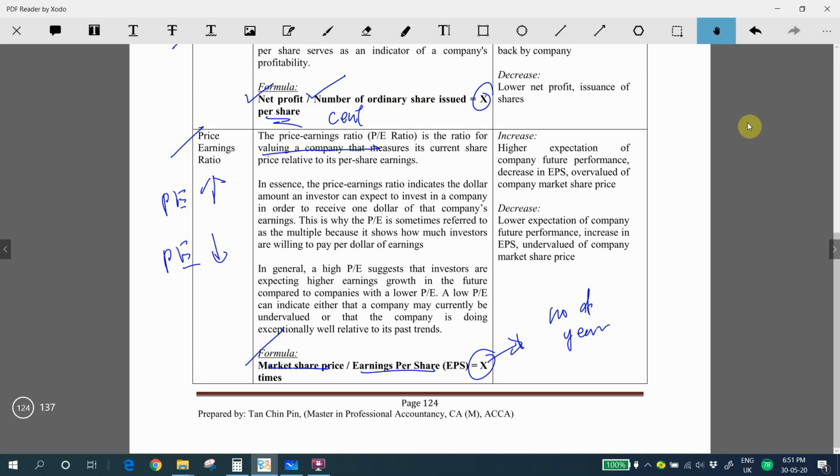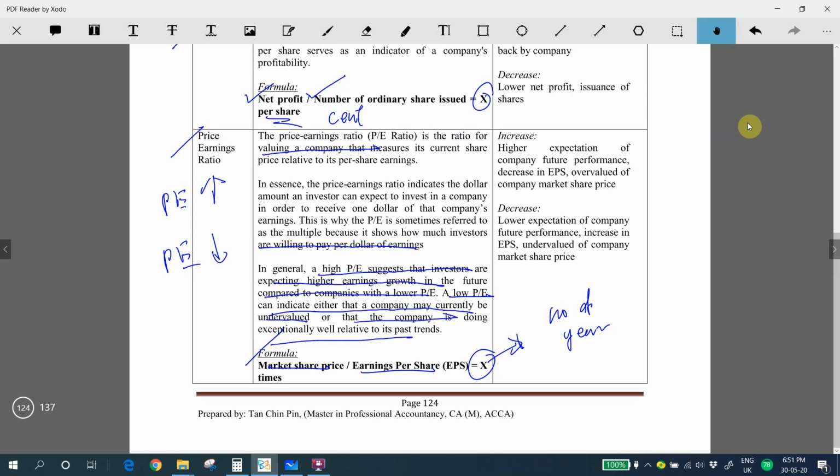This is why PE is sometimes referred to as the multiple, because it shows how much the investors are willing to pay per dollar of earnings. In general, a high PE ratio suggests that investors are expecting high earnings growth in the future compared to other companies with a low PE. However, a low PE may indicate that the company is currently undervalued or the company is having financial difficulty.